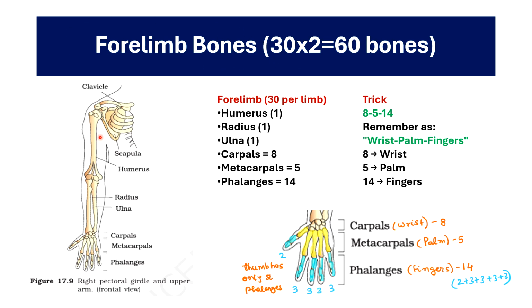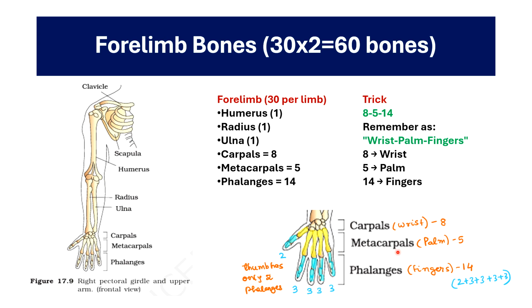Okay, so what are the bones present? Look from the top. So this is one humerus, one radius, one ulna, and look at the hand here. In the wrist portion, you have 8 bones that make up the wrist, that are known as the carpals, and then in the palm region, you have 5 bones that make up the palm.